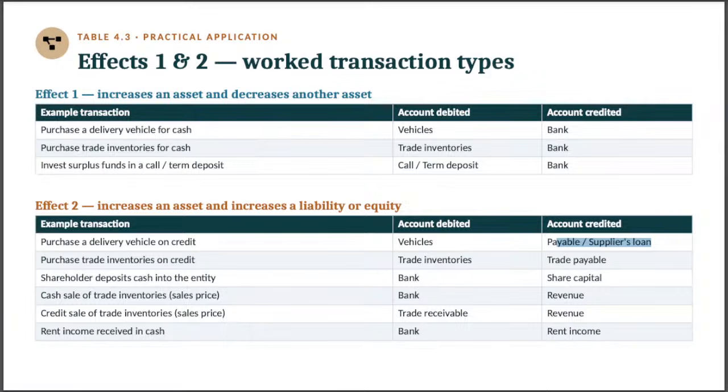On this one, we have a purchase of trade inventories on credit. So here's our trade inventories, same kind of thing. This time we did it on credit. But what account? We're going to credit the trade payable account this time. That means we put it on the credit side. We're going to eventually have to zero it out. We're going to pay it off.